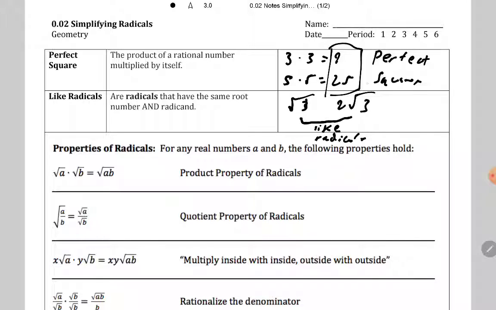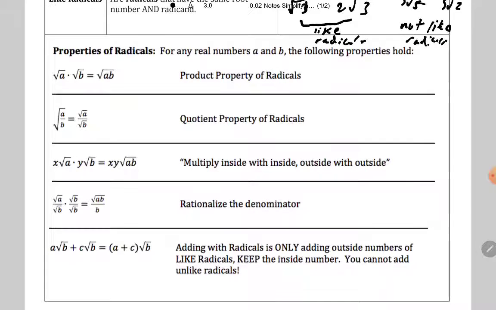These have 2 square roots of 3 here. They are the same radicand. So an example of not like radicals: 3 square roots of 5 and 3 square roots of 2. They don't have the same square root. They are not like radicals.